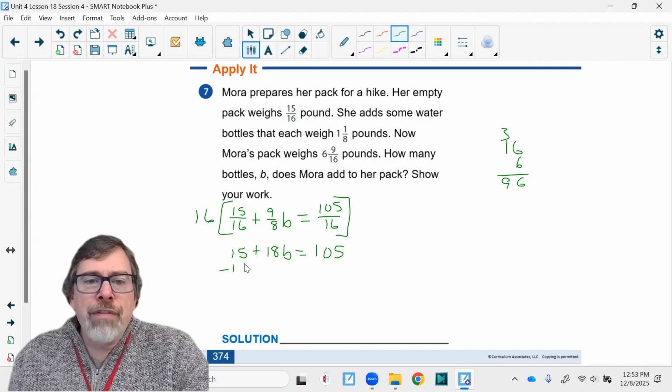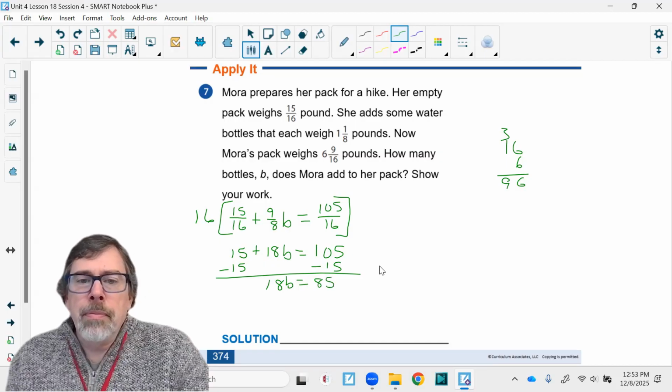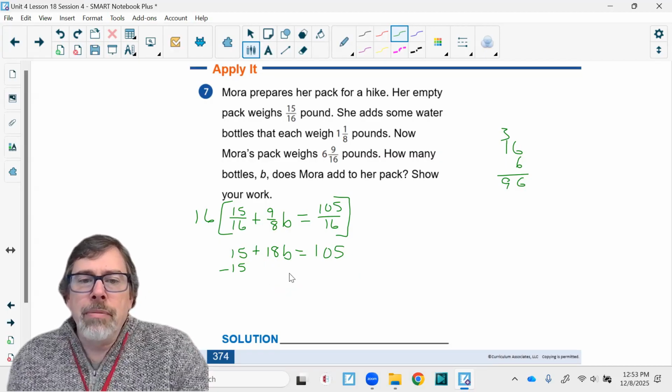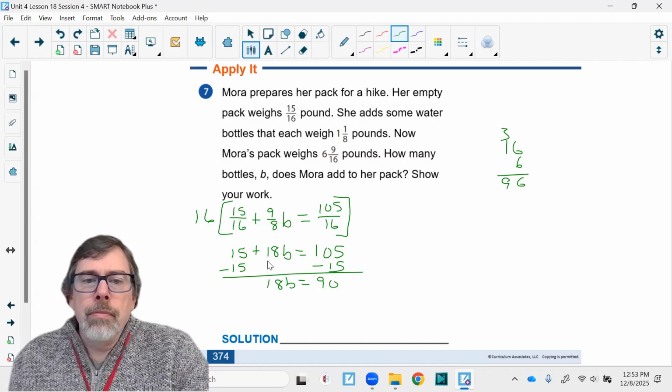I'm going to subtract 15 from both sides. And I'm going to get 18b equals 85. No, it's not. Just kidding. 90. Okay, these are zero pair. 105 minus 15 is 90.